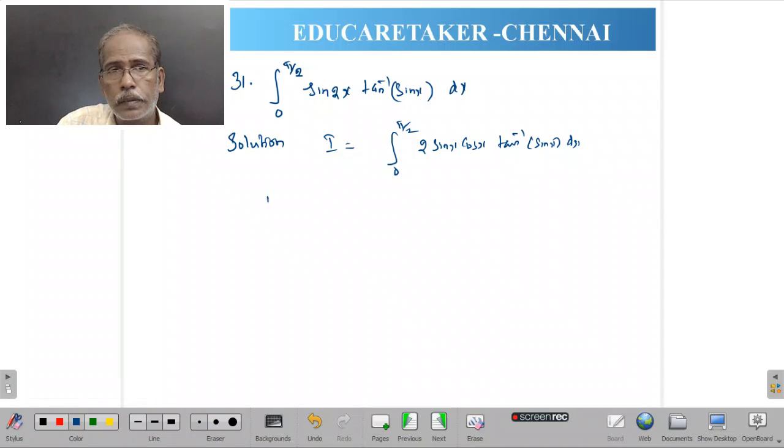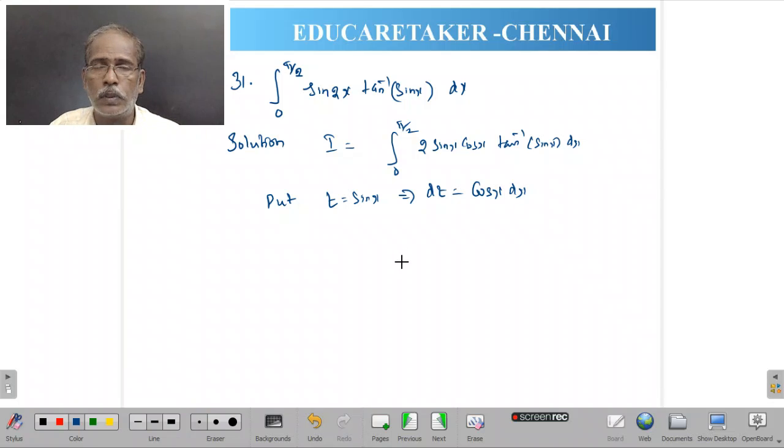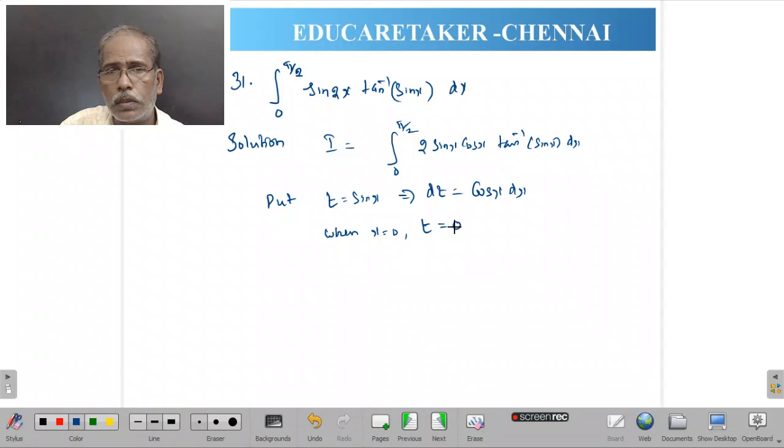If we take t equal to sin x, then this implies dt will be equal to cos x dx. Then we have to change the limit. When x equal to 0, t is sin 0, 0. When x equal to pi by 2, t is sin pi by 2, 1.